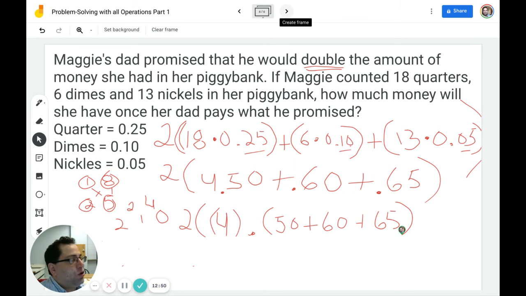And again, anything over 2 decimal places is going to carry over to the next line, onto the 4. So 5 plus 6 is 11. 11 plus 6 is 17. So I have 1, 7, and then a 5.